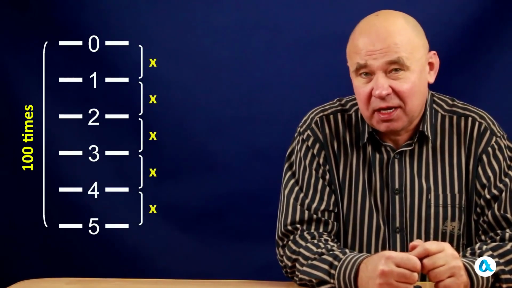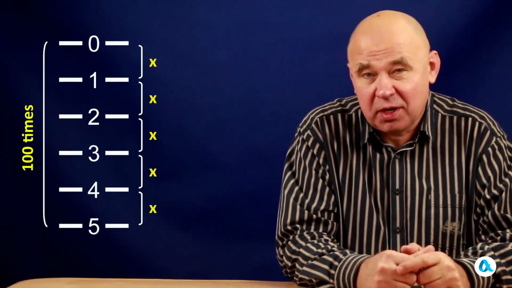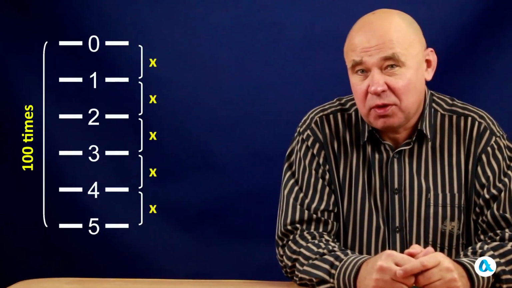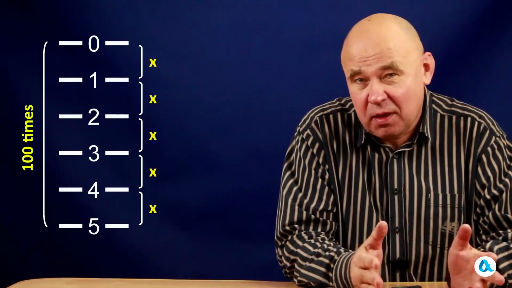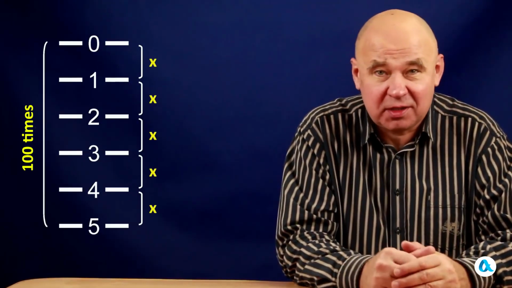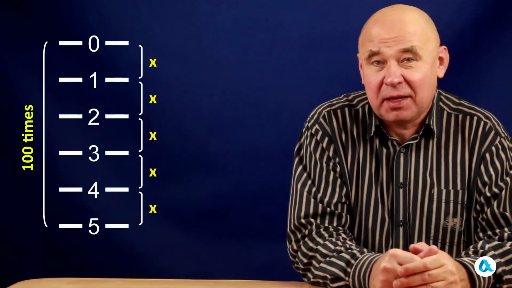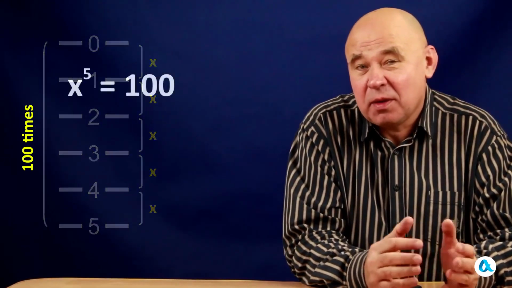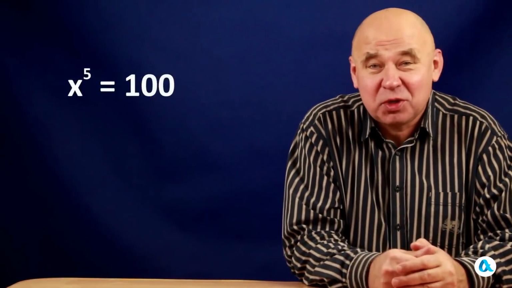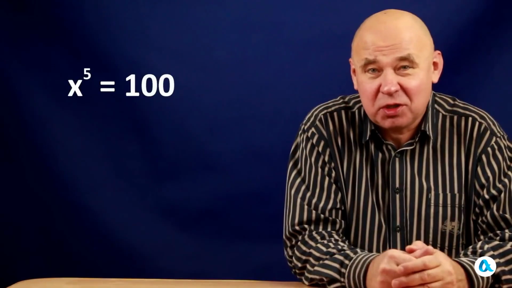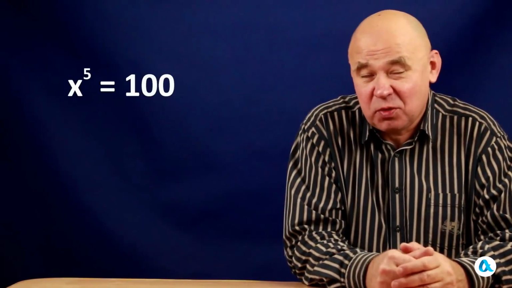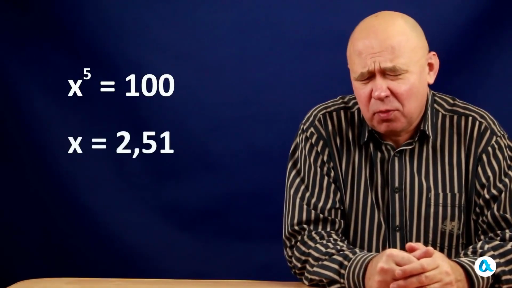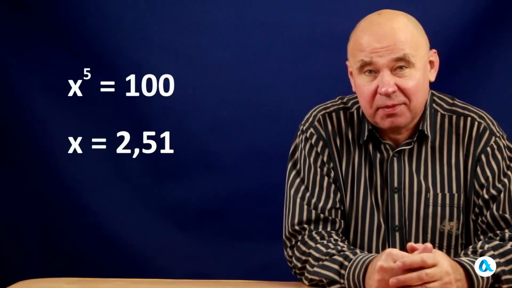At each step, the brightness decreases by a factor of x, and over 5 steps, it decreases by x to the 5th power, which equals 100. So we have a simple equation where x is the 5th root of 100, which is approximately 2.51.